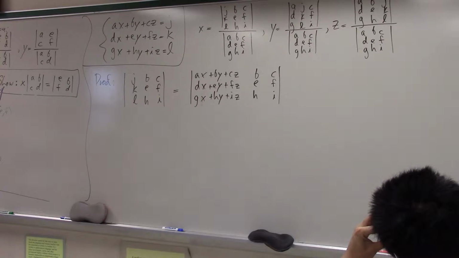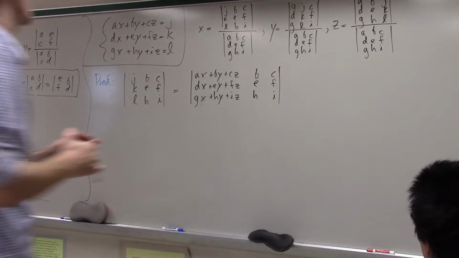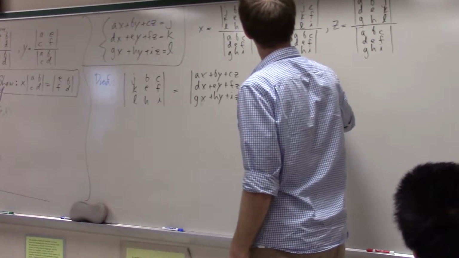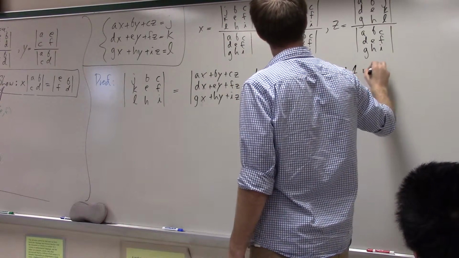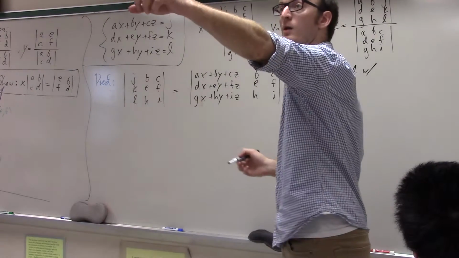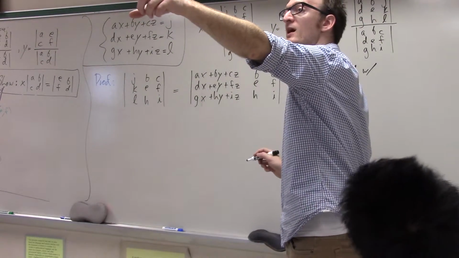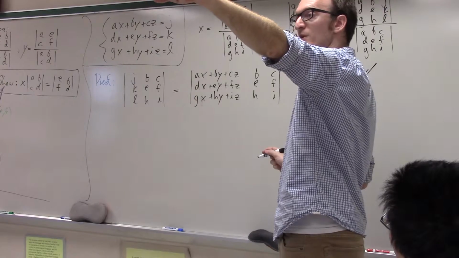You can't just throw in random stuff. Yeah, let's do one at a time. You got the right idea though, right? Fausto says, let's replace column 1 with, we're allowed to do this, right? We're allowed to replace a column with the sum of it and a multiple of another column.